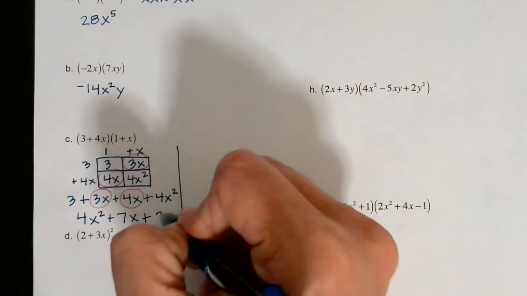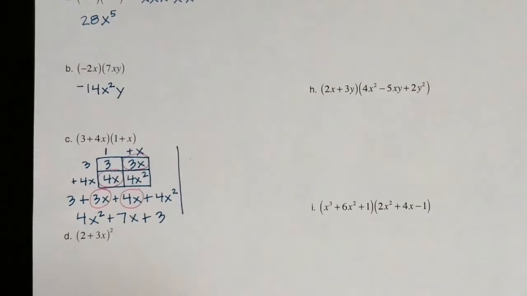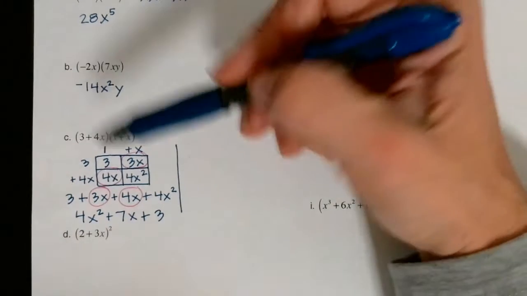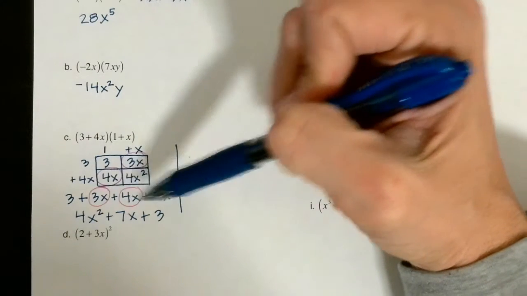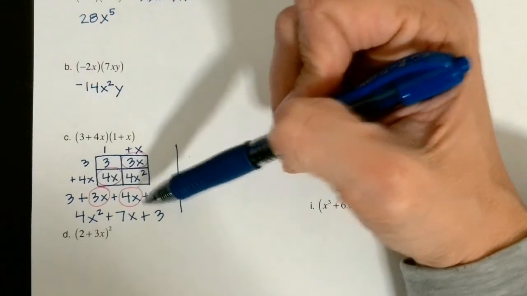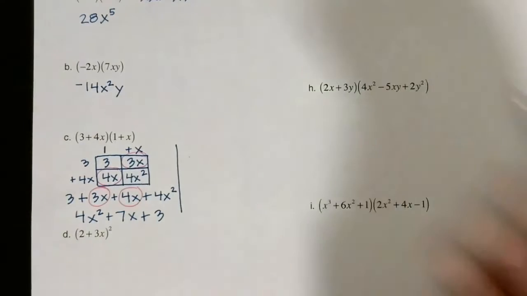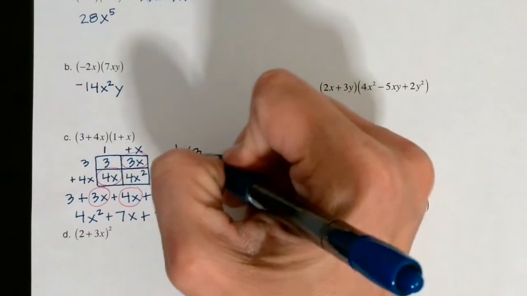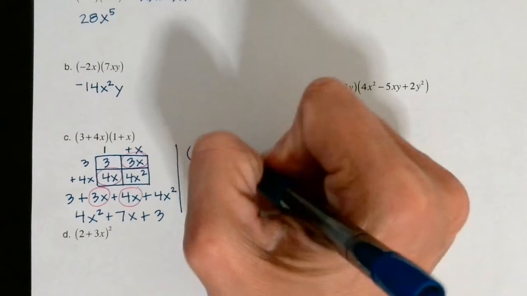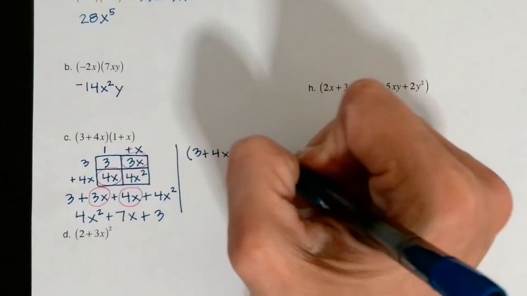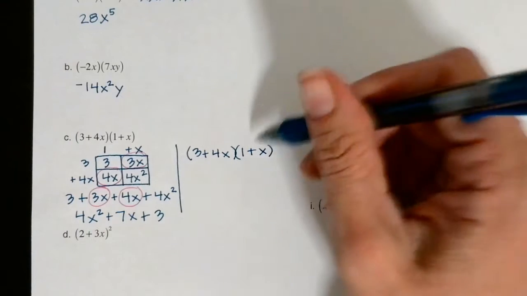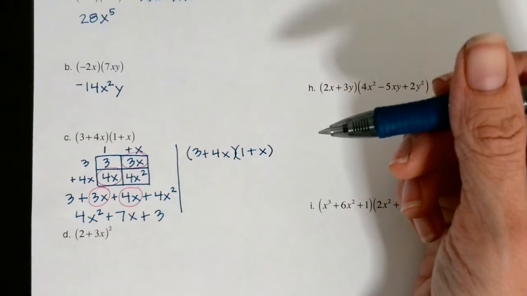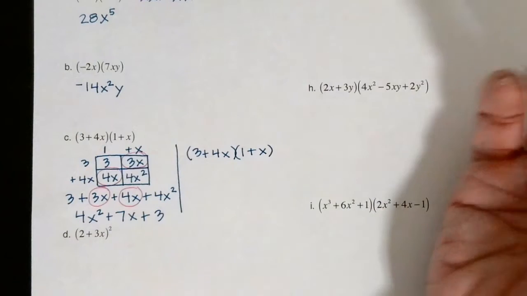So you have to be really careful. When are you multiplying and when are you adding? So in the box method, I'm multiplying, but then when I write out all the terms, I'm adding them together, and then I get this. Now, the other way that you may have learned this, or you may like, is a distributive property method. When you have a binomial, which means two terms, times another binomial, that's called FOIL, but it's also distributive property.